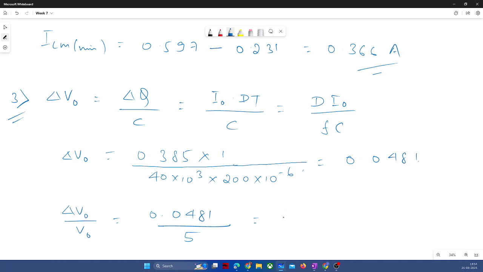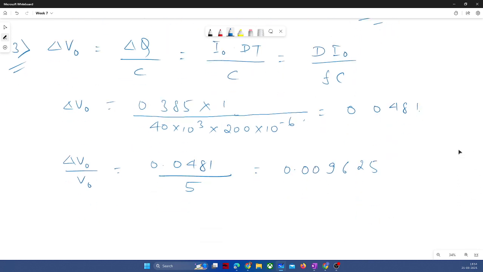That will be 0.9625. That is the ratio, and converting into percentage, 0.96. So the ripple is quite fine, 0.96% for the given capacitor.